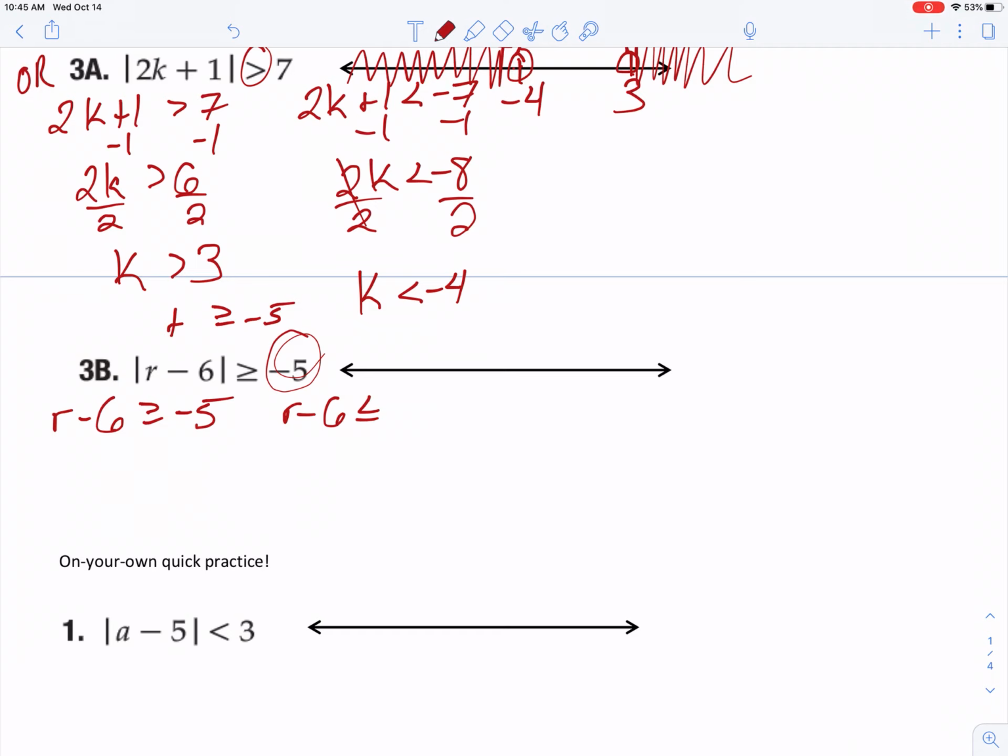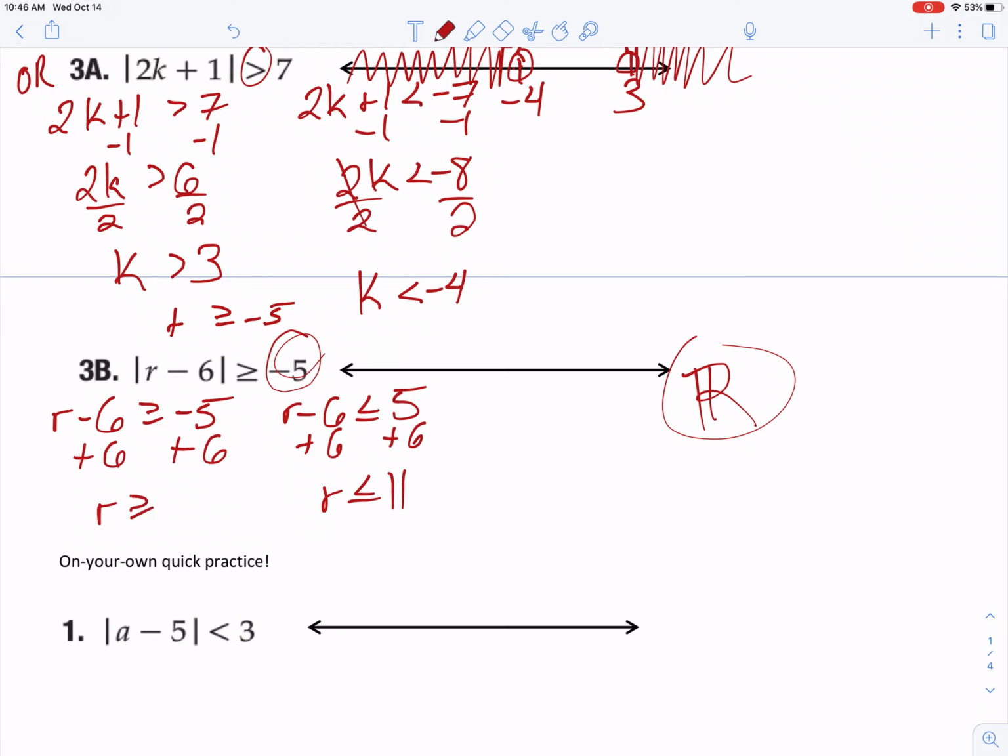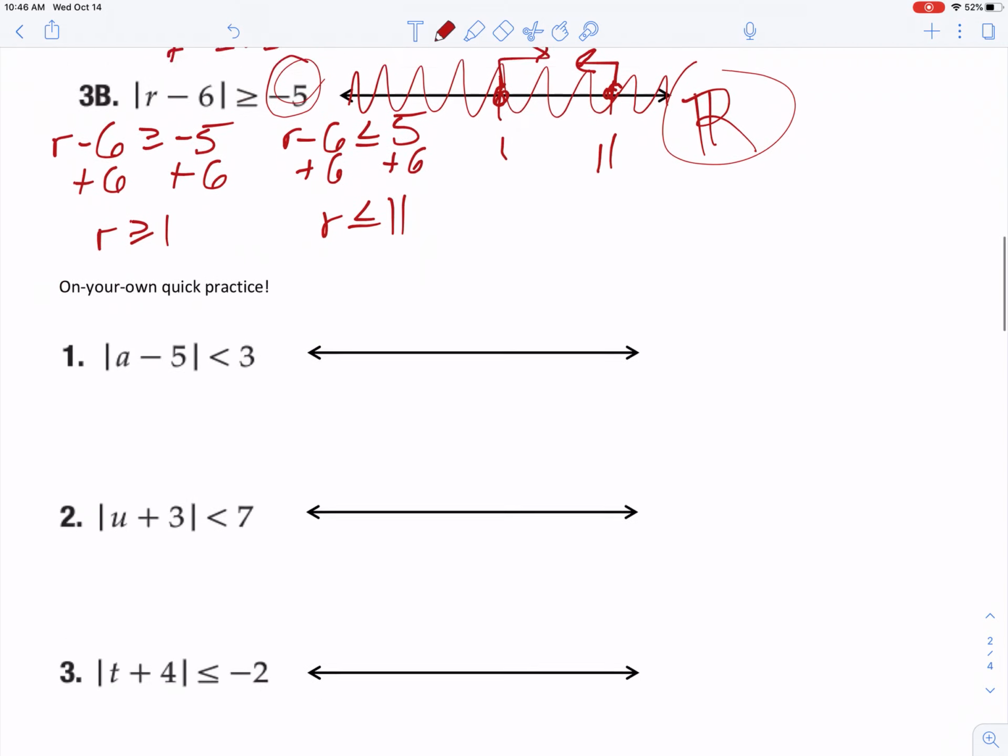So this one is all reals. And again, if you had graphed, or if you'd gone ahead and actually solved this, even if you forgot to double check there, you would have found the same answer. Okay, that's all for this one.